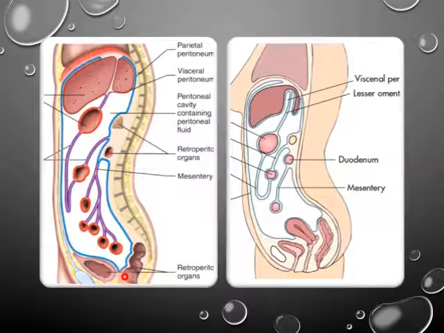Now, in case of females, it will descend further downwards, cover the upper and middle one thirds of the rectum, and then once again go on to cover the uterus, and then form a pouch here, and then once again cover the superior surface of the bladder, and then ascend up along the anterior abdominal wall.